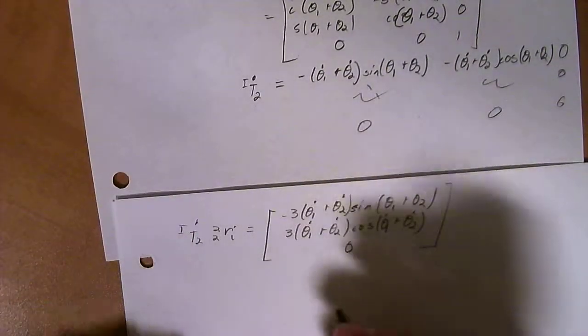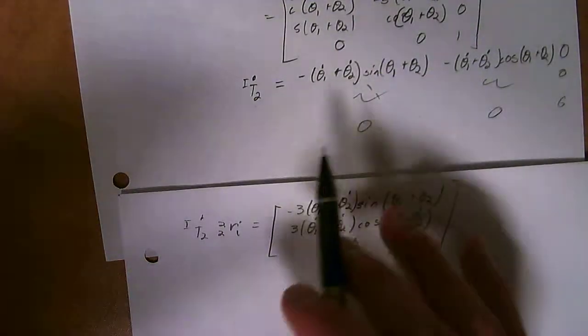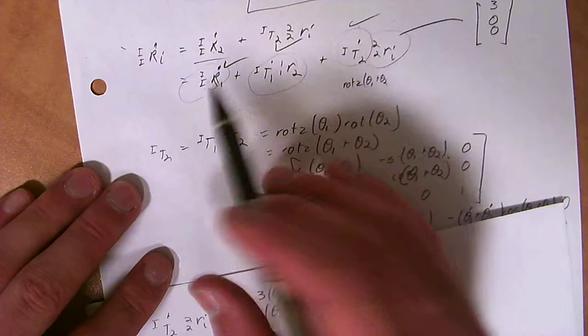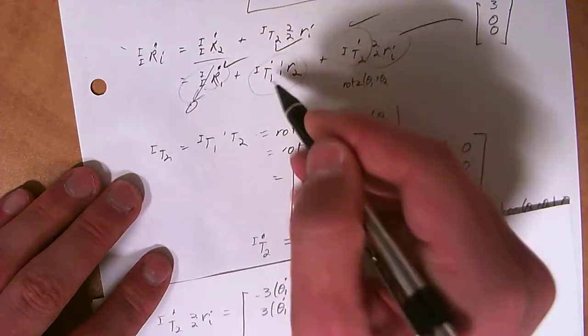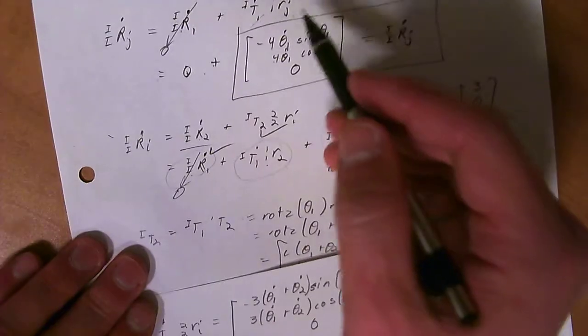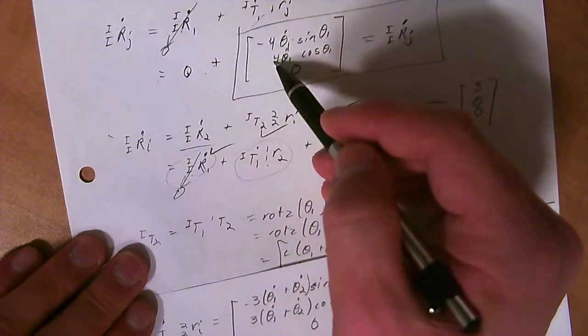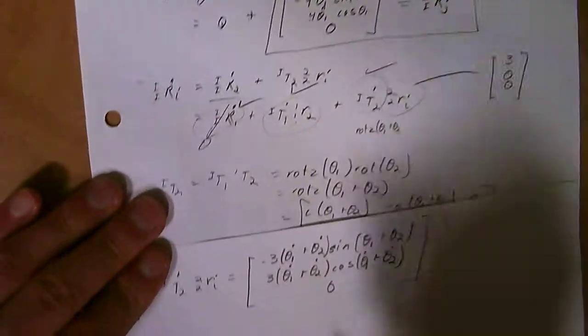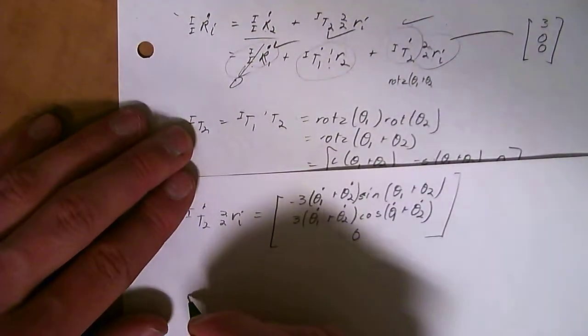Okay, so now to get IIRI, the entire thing, we take this, which is going to be 0, this, which is going to be this vector with 5s instead of 4s, and then this, which we just figured out. So I'll write that all out.